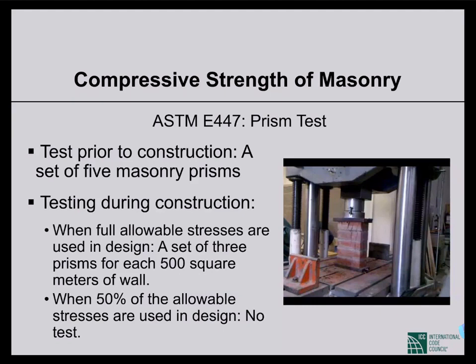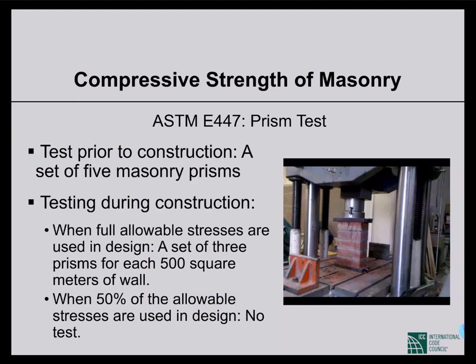Like with the cylinder test, by doing a cylinder test we can understand the strength of concrete, fc prime. Here we have fm prime, the 28-day strength of masonry. That is just like the cylinder. This is mentioned in ASTM E447, the prism test.